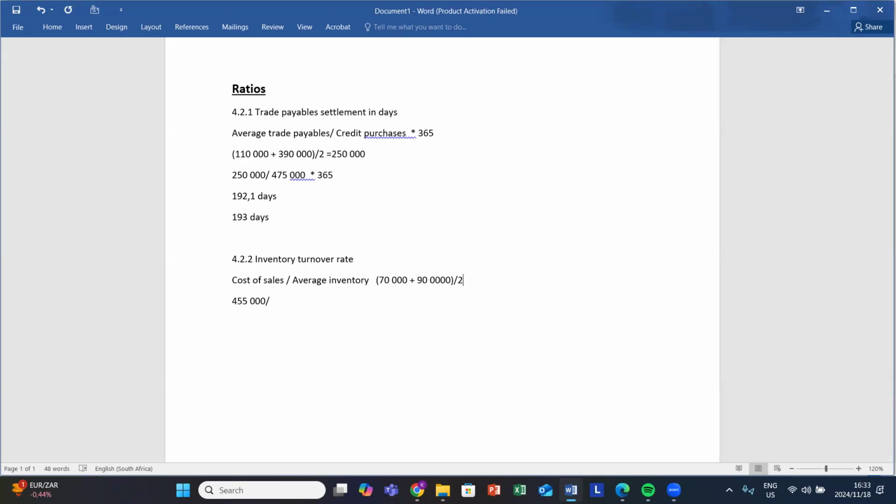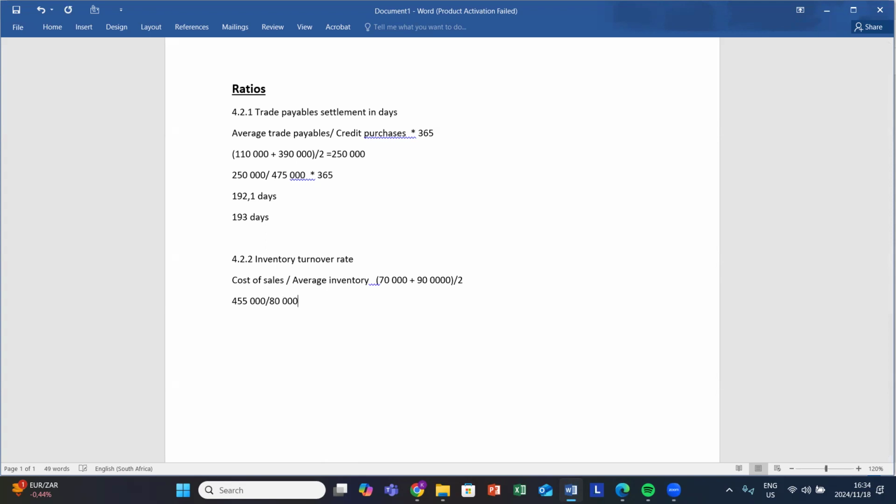I think we're going to get 80,000 rand, but let's confirm it. Affirmative. So our average inventory will be 80,000 rand.